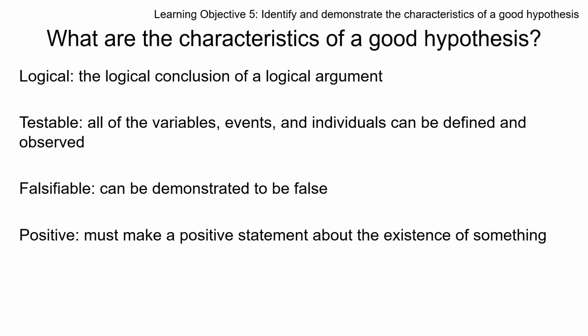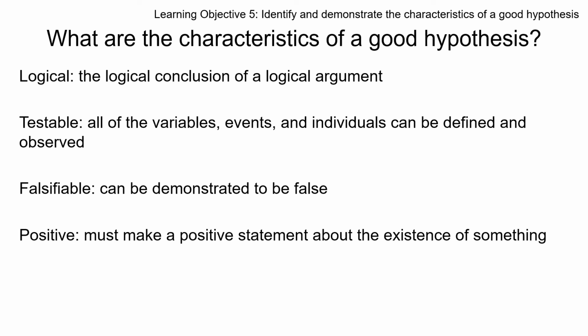A good example of that is, let's say you're testing to see if a medication has an effect on headaches. Your hypothesis will be a positive statement about the existence of something: I hypothesize that this new drug will reduce headaches more than the previous drug. So it is a positive statement about the existence of something.